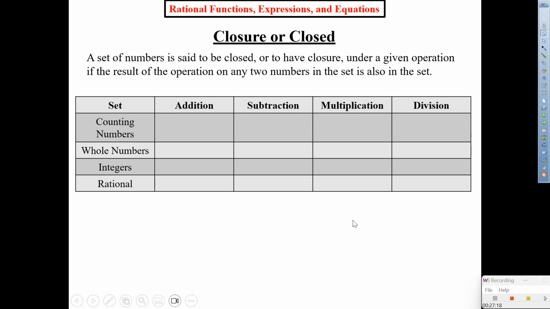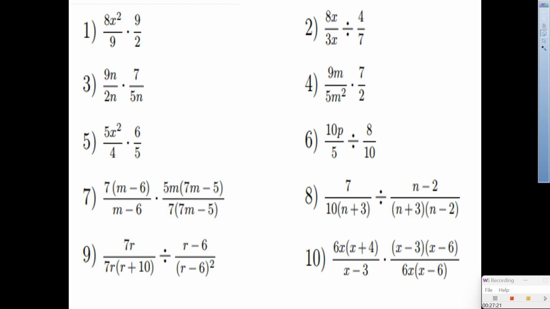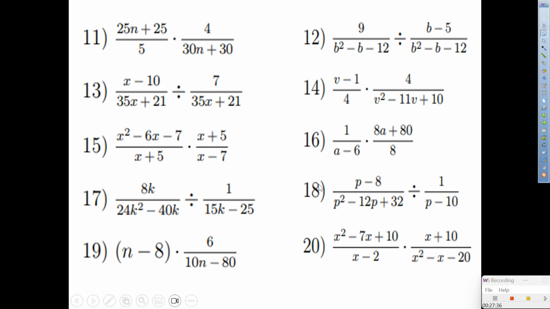So that's it. Let's go back to these. Which ones do you guys want for home plate, evens or odds?